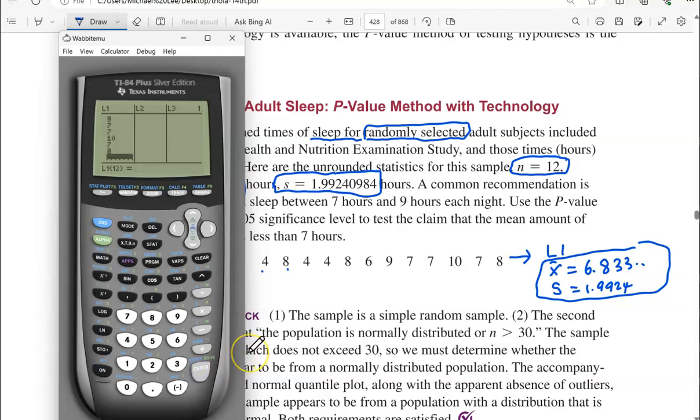So you enter those 12 numbers, and you go to stats, calculate, one-variable stats, second, L1, list 1.